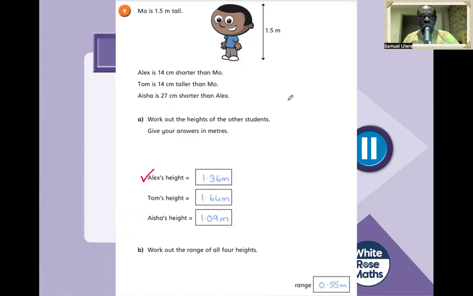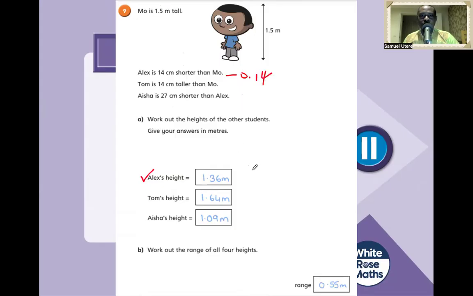So we'll have to do, 14 centimeter is 0.14, right? So this is in meters. So it's either you make this in centimeter and then subtract this one from it, or you can make this in meters, which is 0.14, and subtract it from 1.5.